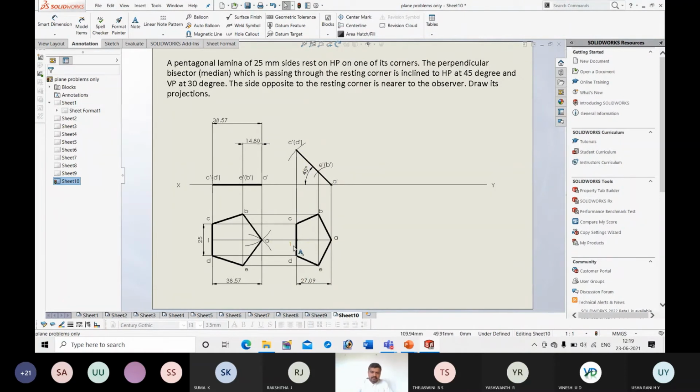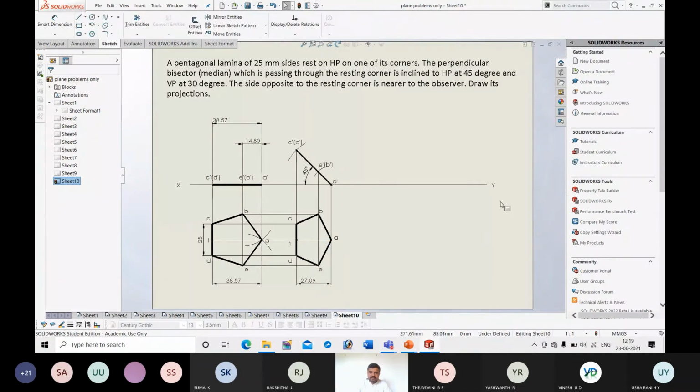Since I have the false length, I should find out beta. The given inclination of 30 is the true inclination, since the perpendicular bisector passing through the resting corner is inclined to VP at 30 degree, but here I have the false length. So I will go for finding the beta angle.